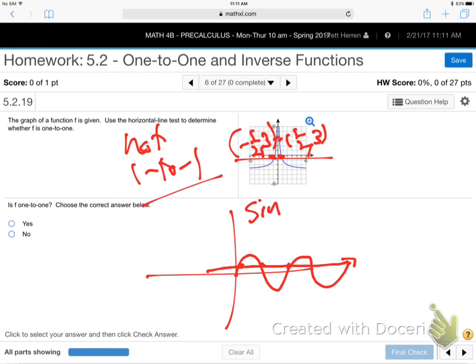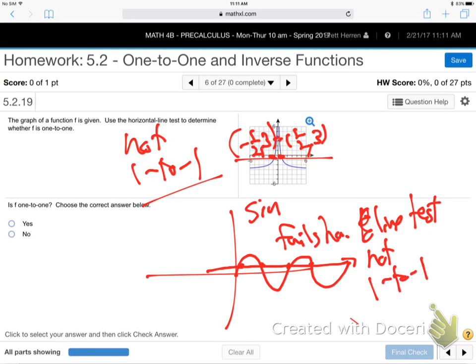Bang, bang, bang, bang. Horizontal line hits in infinite points. So it fails the horizontal line test. So what does that mean when you fail the horizontal line test? You're not 1 to 1, and you don't have an inverse. Wait, hold on. You studied sine inverse, didn't you?